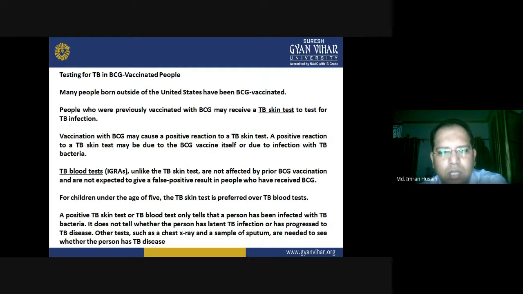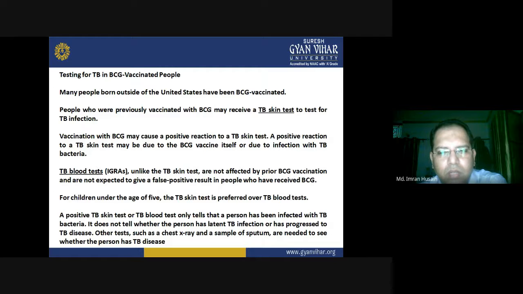A positive reaction to the TB skin test may be due to the BCG vaccine itself, or due to infection with TB bacteria. TB blood tests, unlike the TB skin test, are not affected by prior BCG vaccination and are not expected to give false positive results.